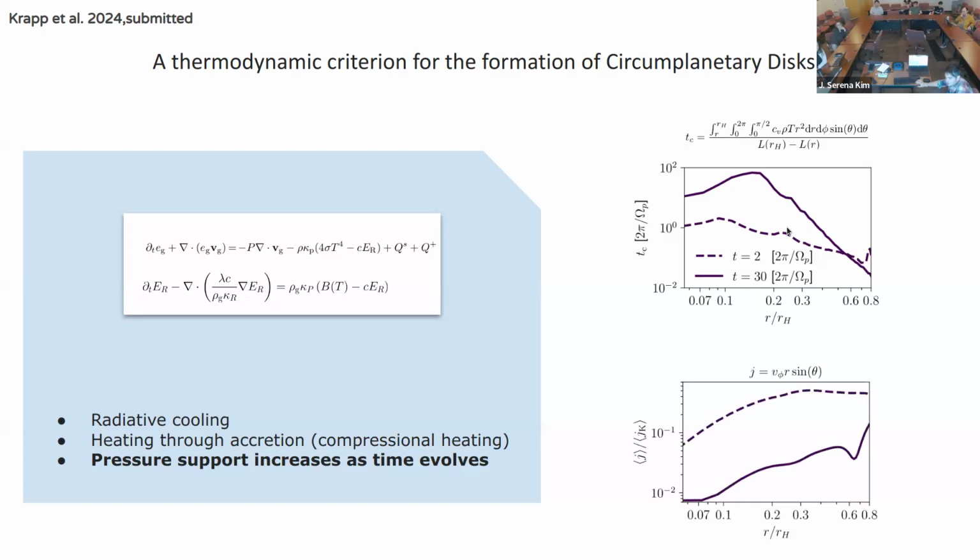You can also plot the specific angular momentum for the different time scales, normalized by what would be a Keplerian orbit around the planet. Initially, it's a ballistic approach, no pressure support, you're rotating in a Keplerian orbit. And you can see that it decreases as a function of time.